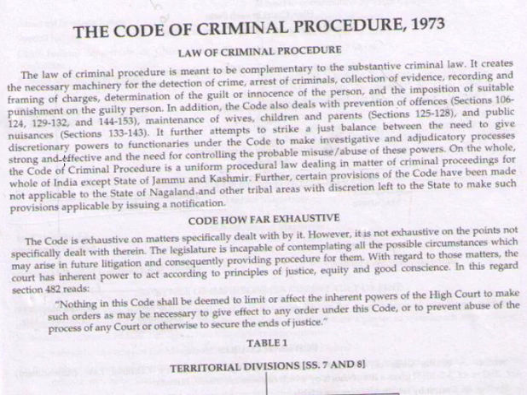In addition to the above-referred things, what are the above-referred things? Detection of the crime, arrest of the criminals, collection of evidence, recording and framing of charge, and determination of the guilt or innocence of the person. And after imposing the punishment, the code also deals with the prevention of offences under sections 106 to 124.